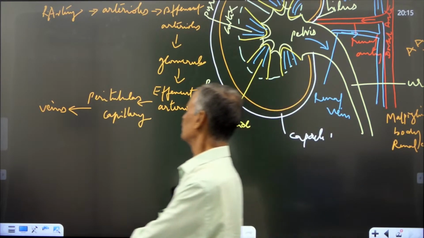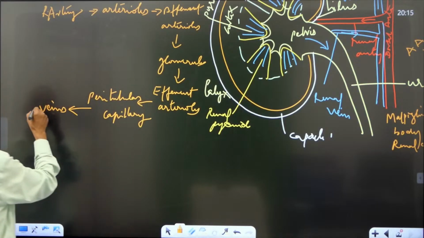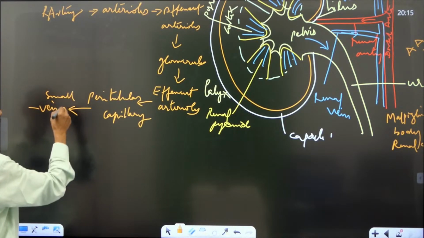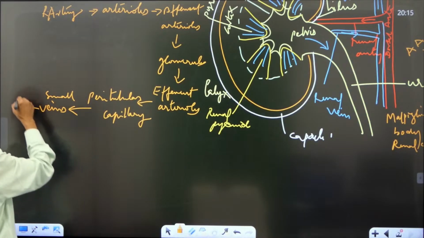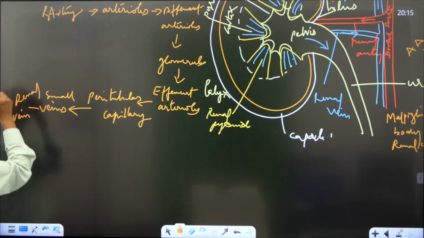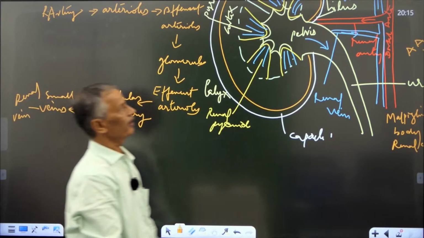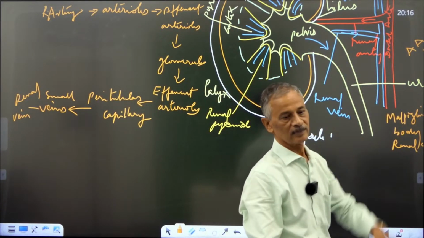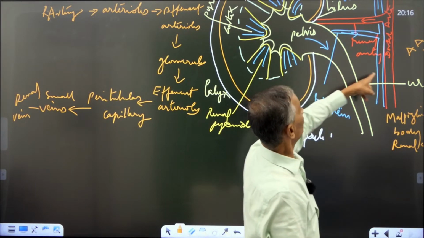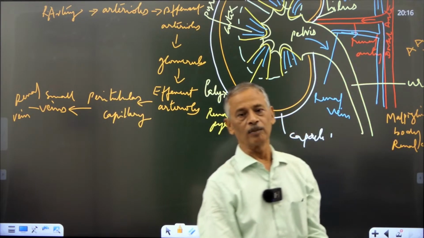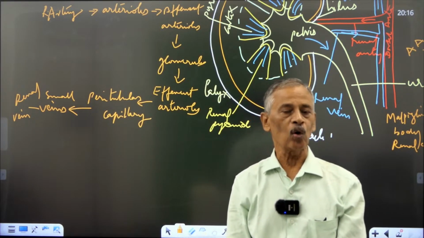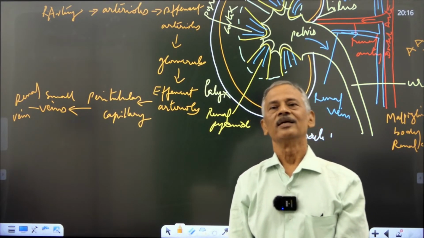So these small veins join to form the renal vein, which is the main vein that takes away blood. This renal vein joins the inferior vena cava, taking blood back to the heart. So this is the flow of blood inside the kidney.